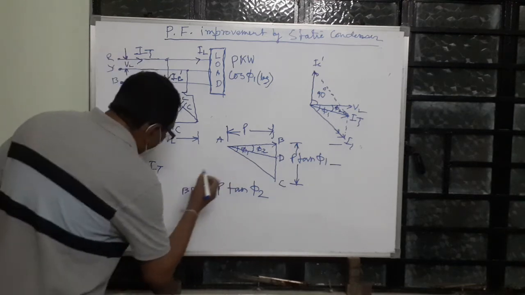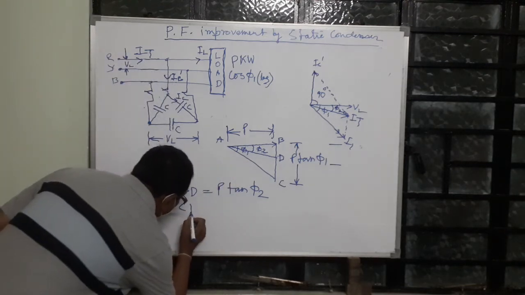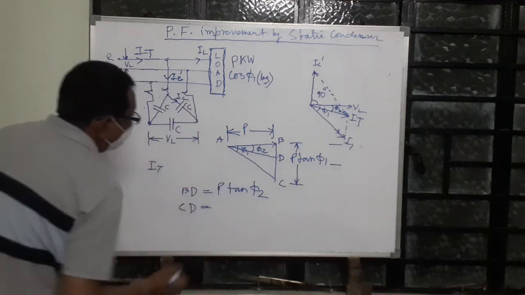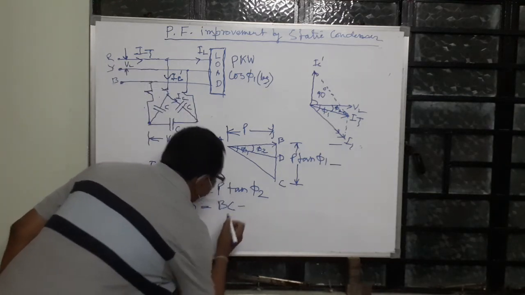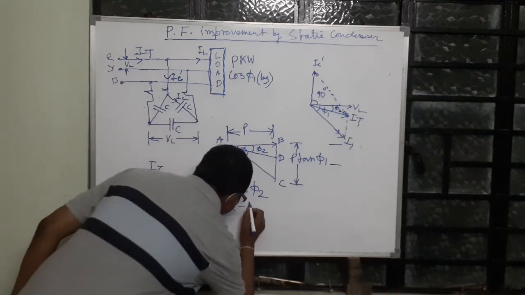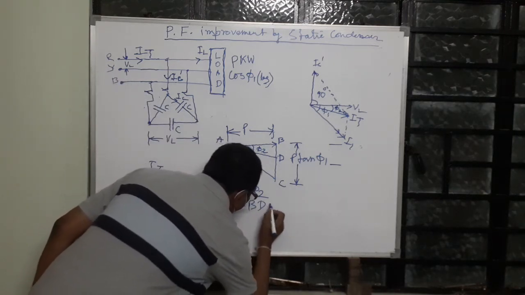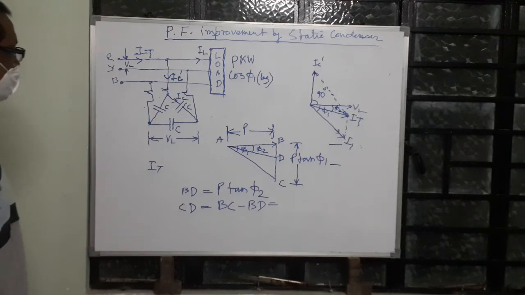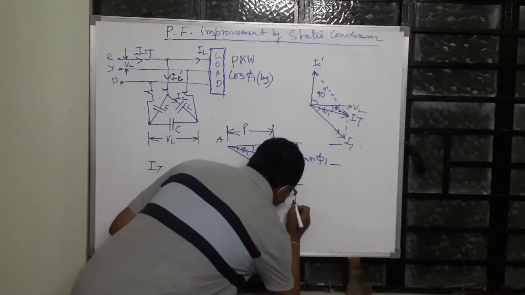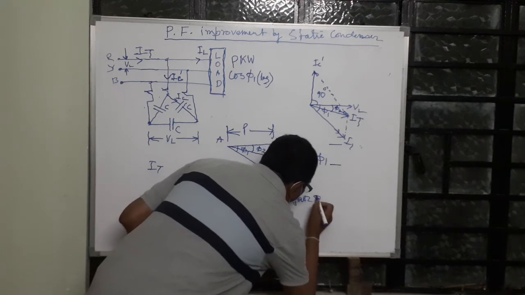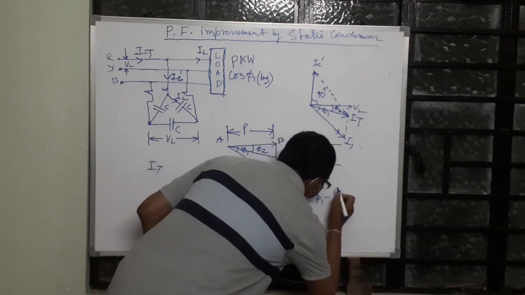Now CD equals BC minus BD, that is P tan phi 1 minus P tan phi 2.